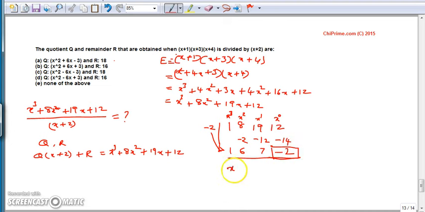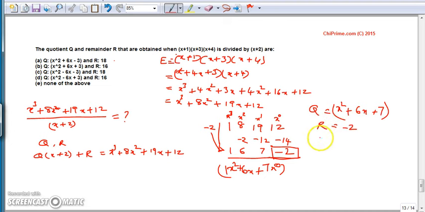And the expression we get is 7 for x to the 0, plus 6x plus 1x squared. In other words, synthetic division gives us Q equals x squared plus 6x plus 7, and R is minus 2.